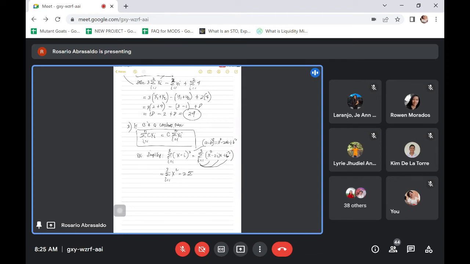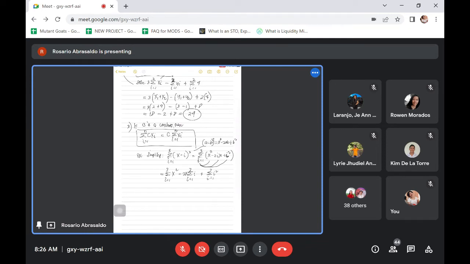Since this variable x, treat this as a constant, it has no equivalent value from the index, no? So pull out the 2x, the summation where i is from 1 to 3, plus the summation of i squared where i is from 1 to 3.